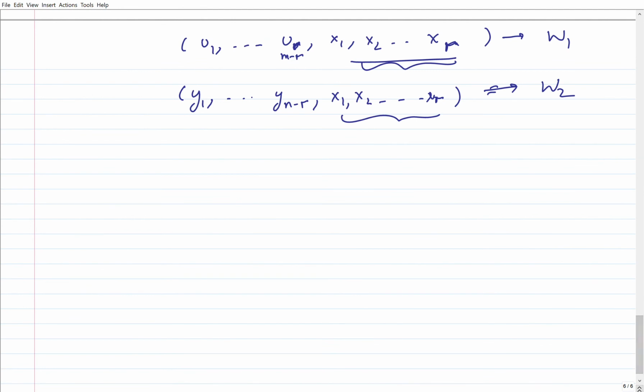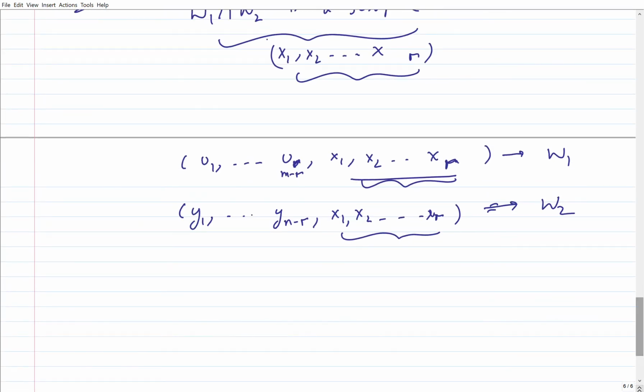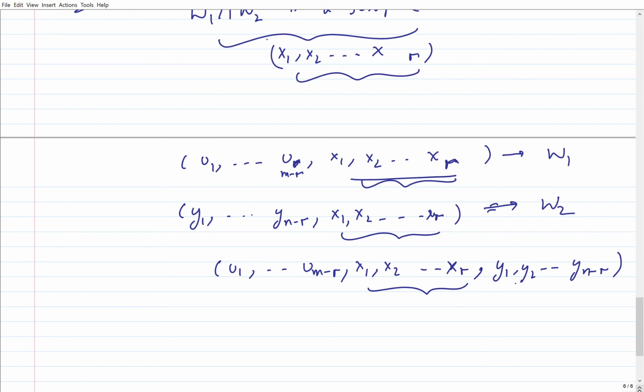So now all it boils down to is to show that the combined set, u1, ..., ur, x1, x2, ..., xm minus r, y1, y2, ..., yn minus r, is a basis for W1 plus W2. So these are r, these are m minus r, these are n minus r.